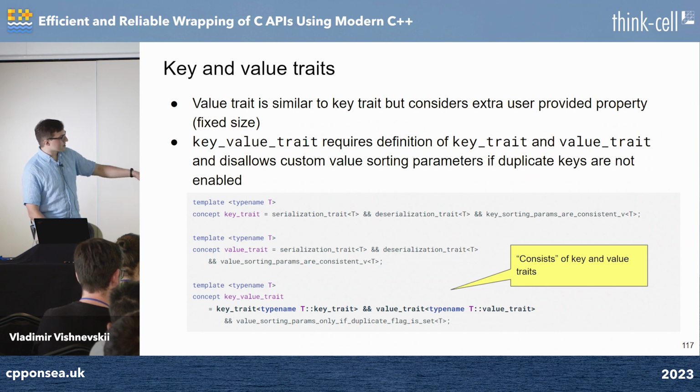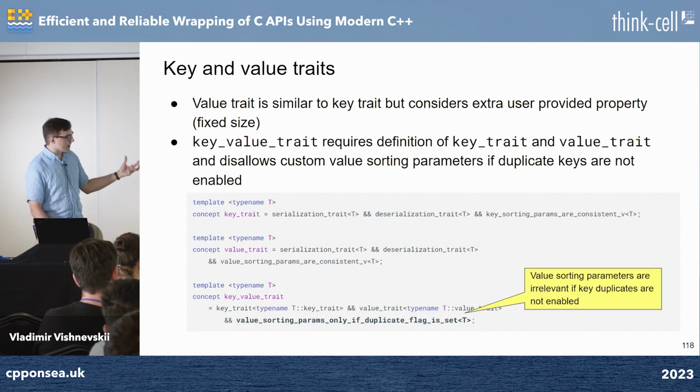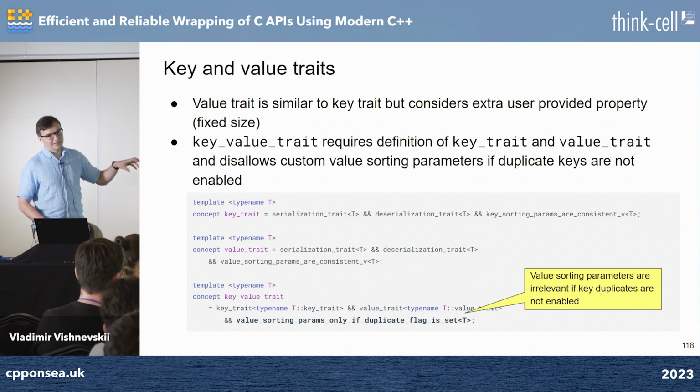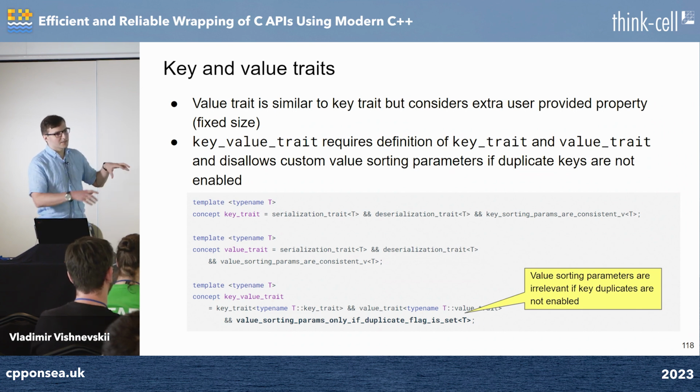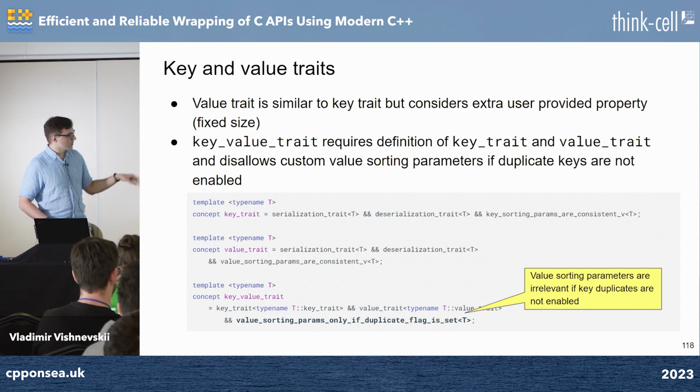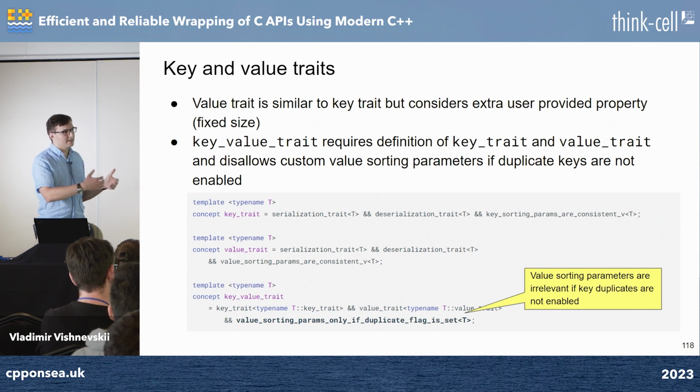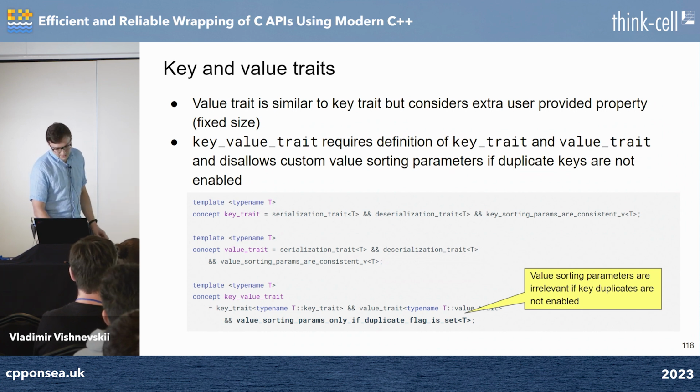It needs to have the key trait and value trait, and it also requires, just as an example, that the sorting of the values is relevant only if duplications are allowed. So it checks the consistency of the overall parameters with the trait parameter. This can be done at compile time to prevent the client from providing parameters that are not consistent with each other. So we can have these things verified already. This is an example of compile-time checks and actual error avoidance.